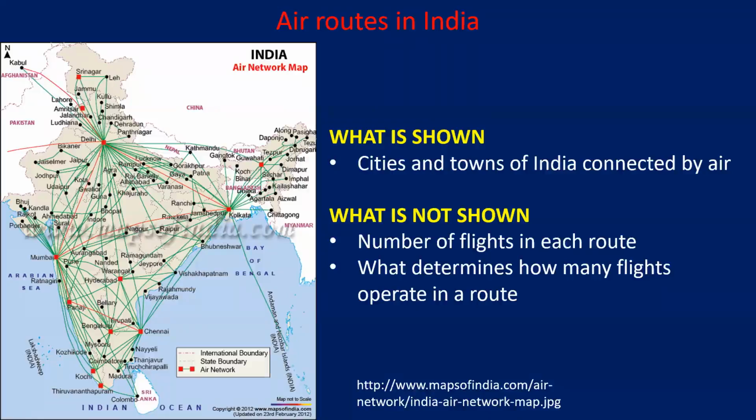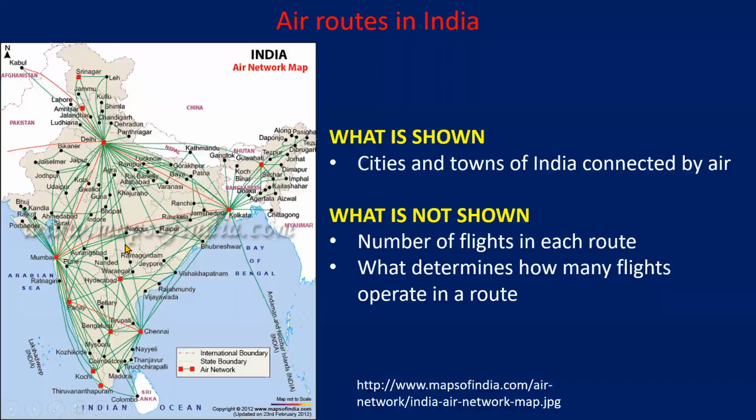It's extremely dense, and you can see some red dots and some black dots, and there is a very heavy network between the red dots, and the traffic between the other black dots is not that heavy.